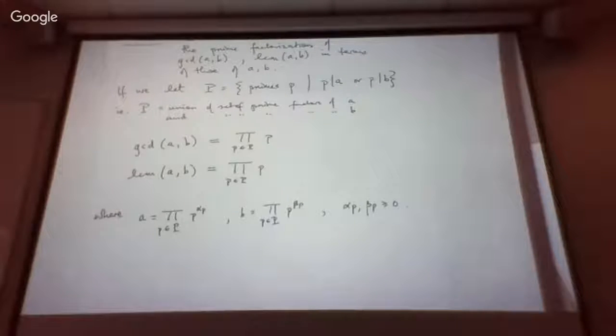And similarly, 3 is not down here, so the beta 3 would be 0 as well. So you could add on a power of 3 into the prime factorization of 110, even though there isn't a 3 there, if we allow that exponent to be 0.